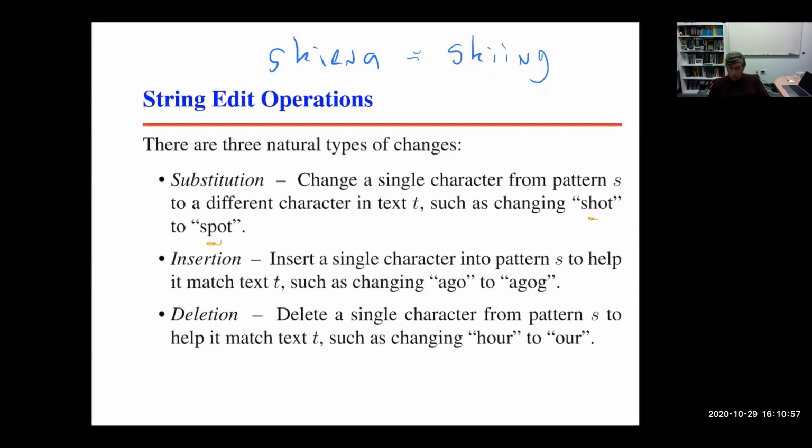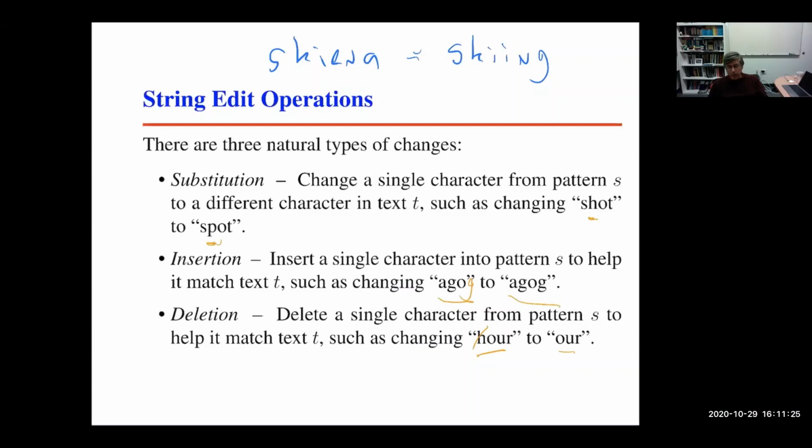How many changes do I need to turn a go into a gog? If I stick a G at the end, a go equals a gog. One change will do that. How many changes do I need to turn hour into our? Well, the time into the possessive, one deletion will do it.